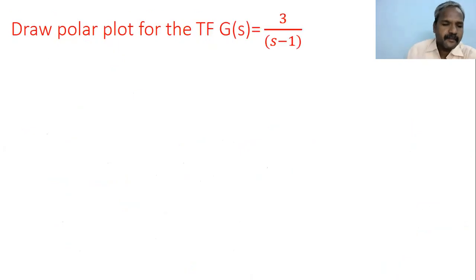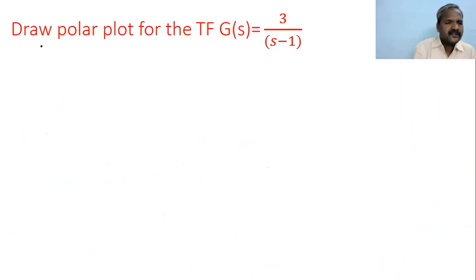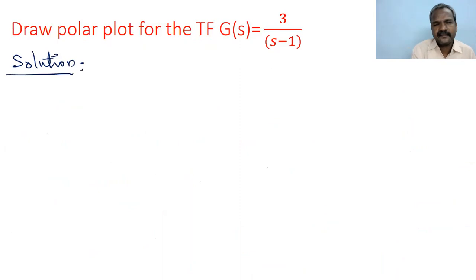Let us see a simple complex transfer function. Let us draw the polar plot for this transfer function, 3 by s minus 1. Very simple solution. This problem was asked in GATE 2021.